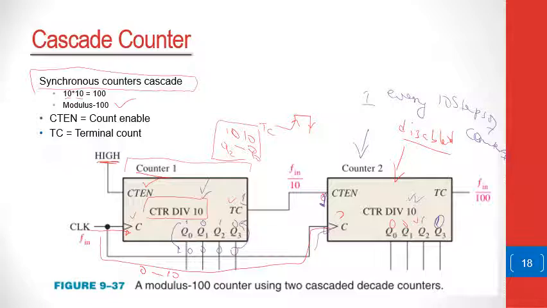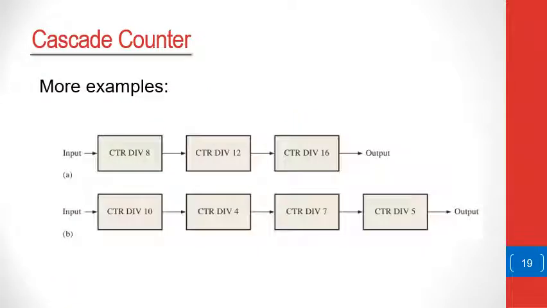And the output frequency here is going to be divided by 100, and the output frequency here of the terminal count is going to be divided by 10. So in fact, we can put any variations of counters and cascade them.